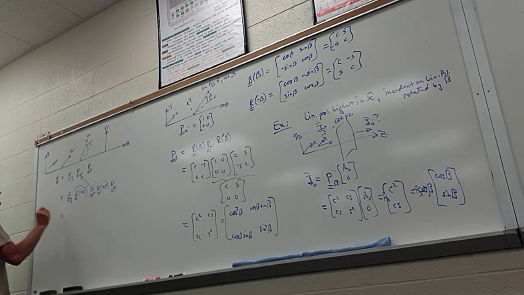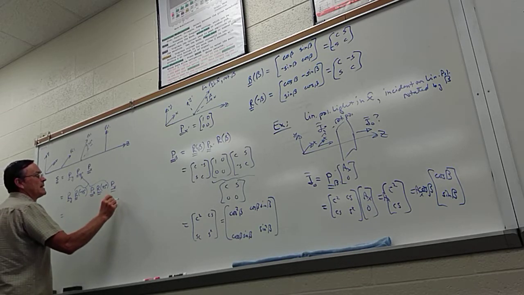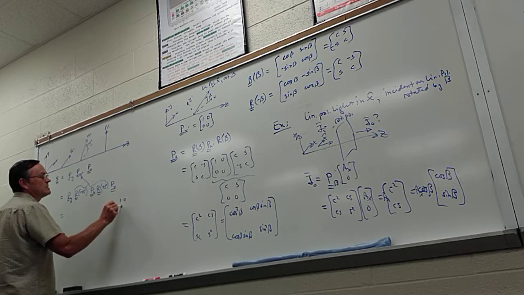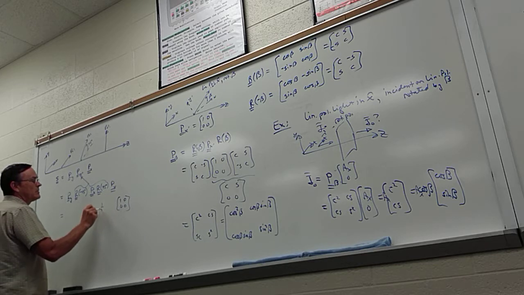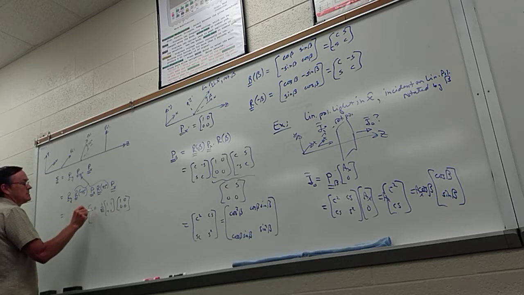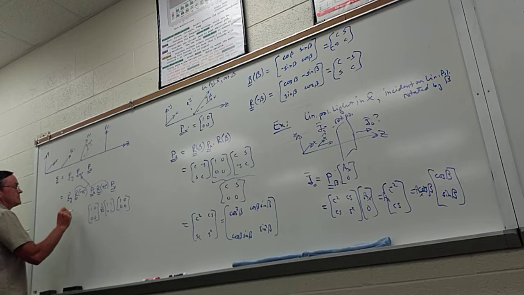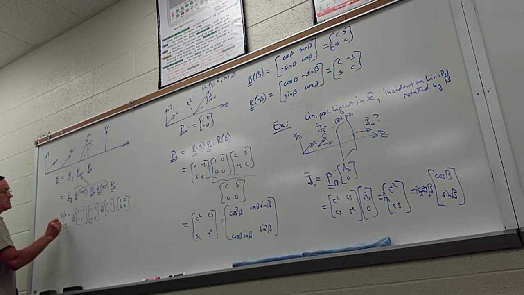So let's just do it all systematically. This would be 1, 0, 0, 0. Rotation of 45 degrees, pull out the 1 over square root of 2, and that gives us a 1, 1, minus 1, 1. This polarizer is 1, 0, 0, 0. This rotation matrix, pull out the 1 over root 2, and we have 1, minus 1, 1, 1. And then this polarizer is a 0, 0, 0, 1. Okay, let's just do it that way.